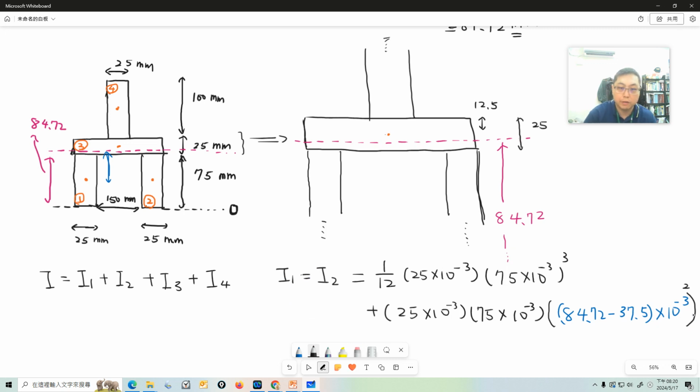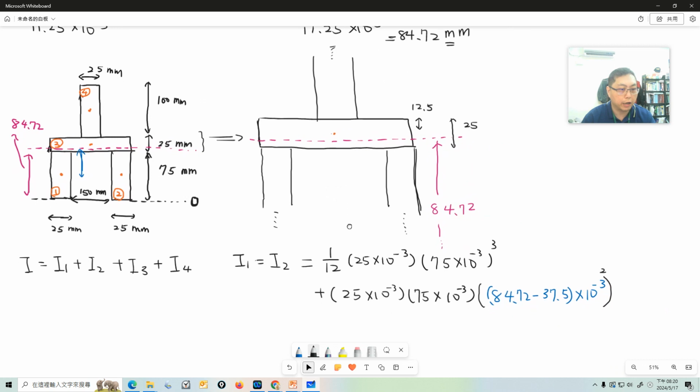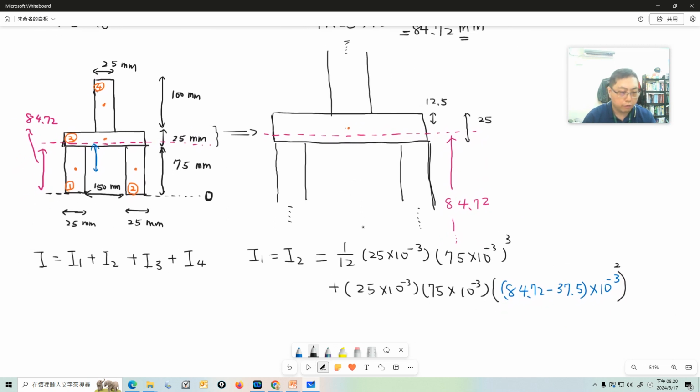Let me see if my calculation is right. A d squared. First of all, let me check my answer. Yeah, it's correct. So what's the value for I1?